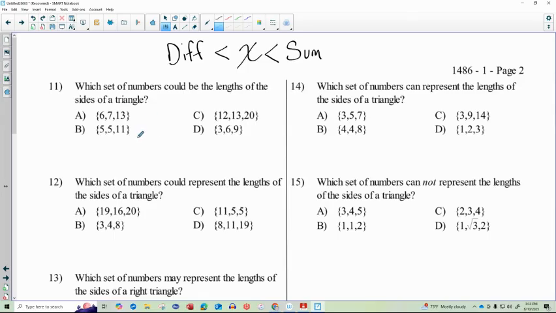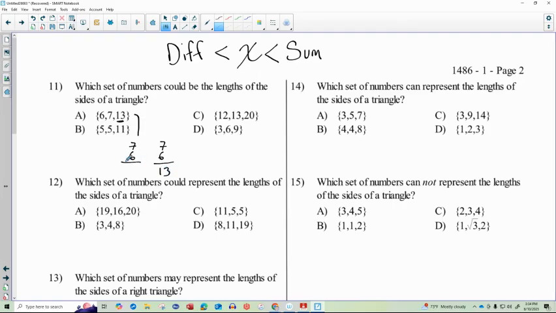I'll pick one bad one and one good one. All right, let's just say we're testing A. Could these be the sides of a triangle? I kind of don't look at the big one, and I take the two smaller sides, and I'll do it over here. I put the bigger number over the smaller number twice. And in one of them, I do the sum. Here I'm going to do the sum, which is 13.